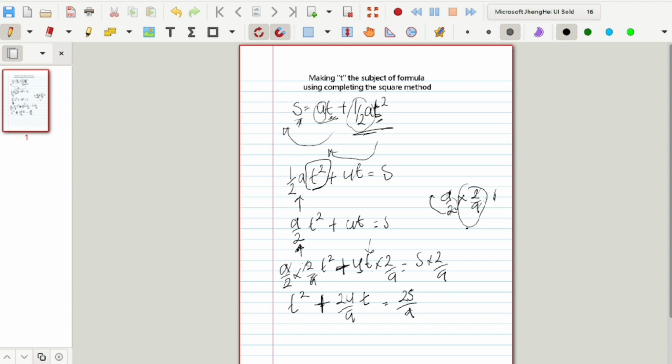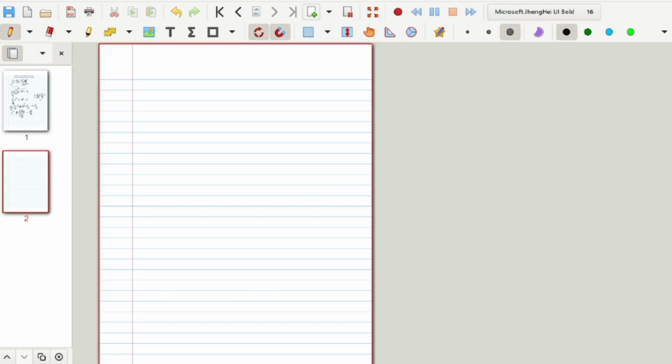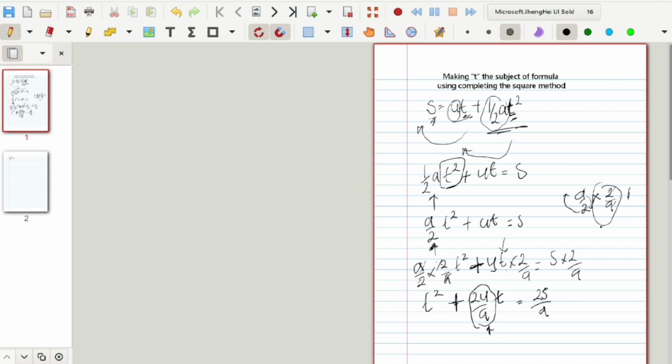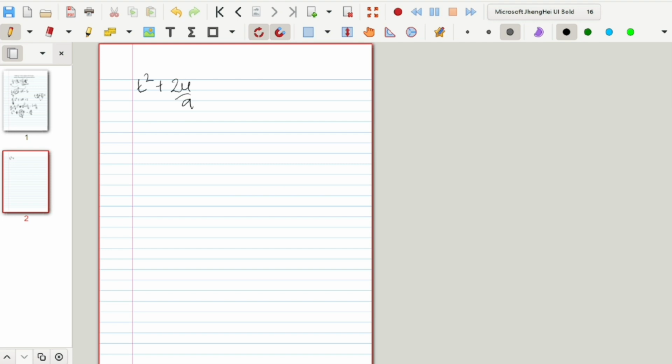Next line says multiply the coefficient of t by half, then square it. So on the next page, that's what we'll be doing. You have t squared plus 2u over a t equals 2s over a, and the coefficient of t is 2u over a times half, then square it.